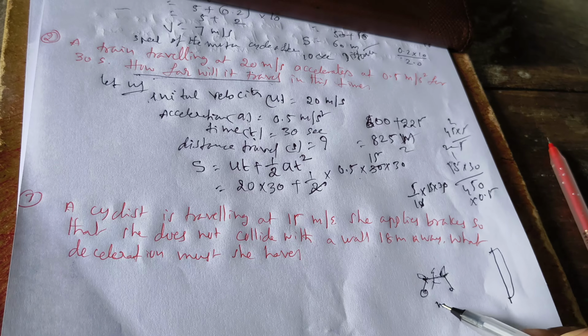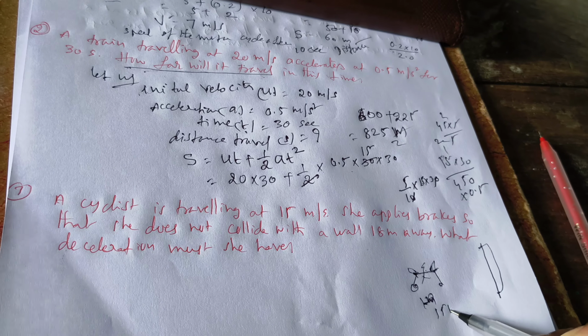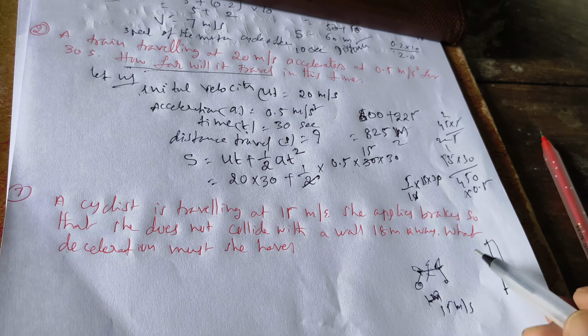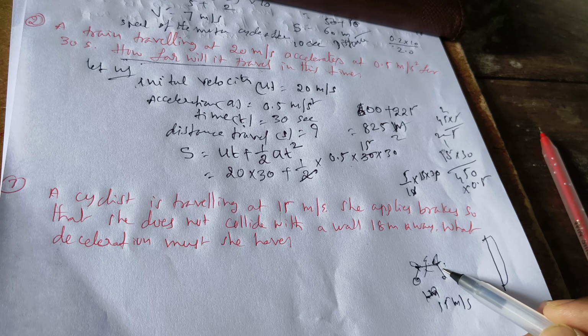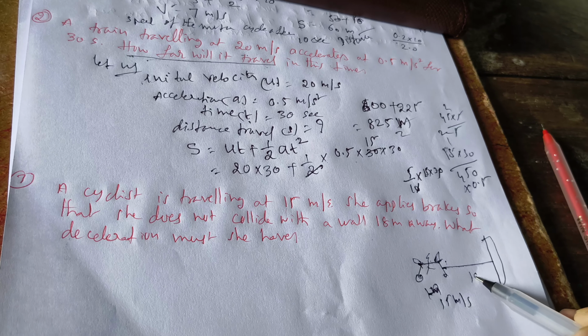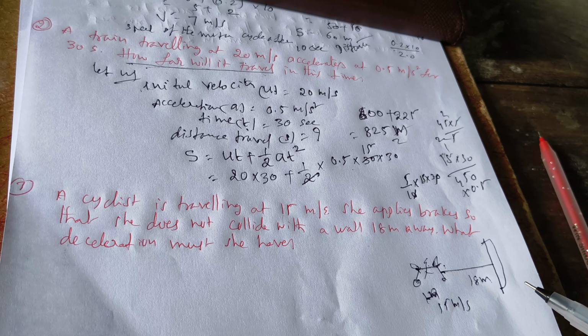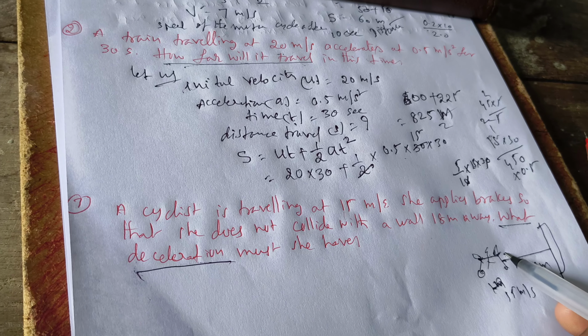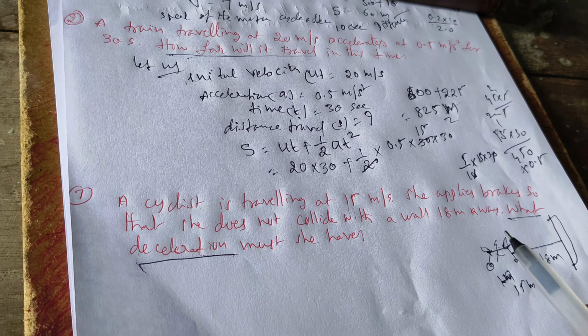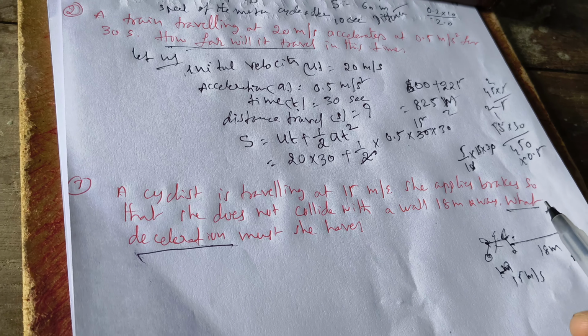With the velocity of 15 meters per second, and when she applied the brakes, she stopped at a distance of 18 meters from the wall. So what do we need to find? Deceleration or retardation or negative acceleration. Right, she applied the brakes, in the sense she stopped, so final velocity is taken as 0.